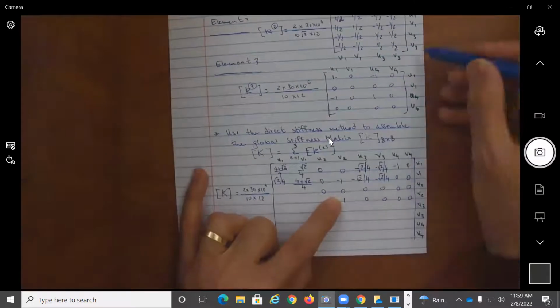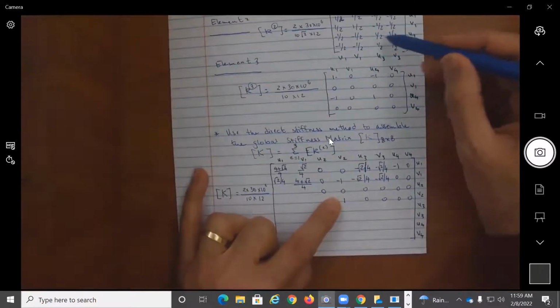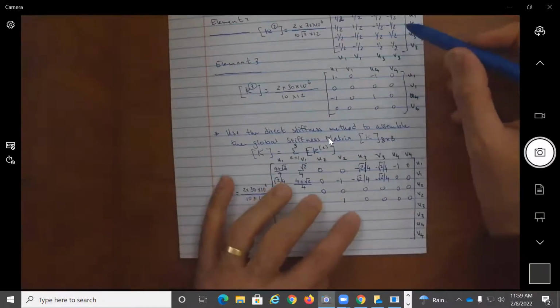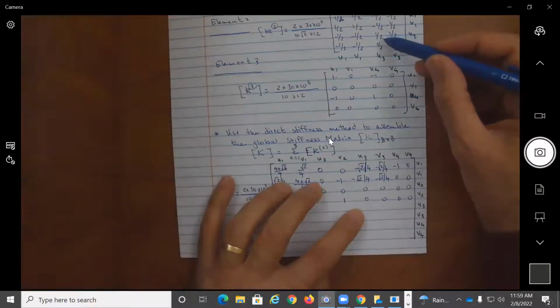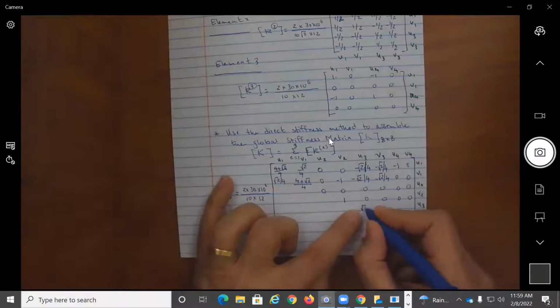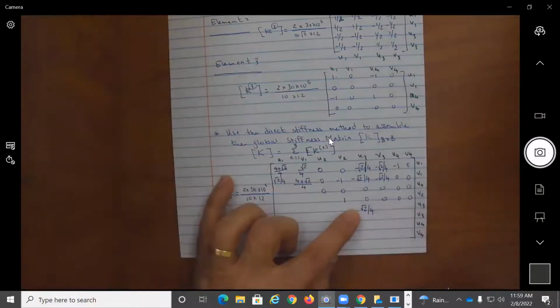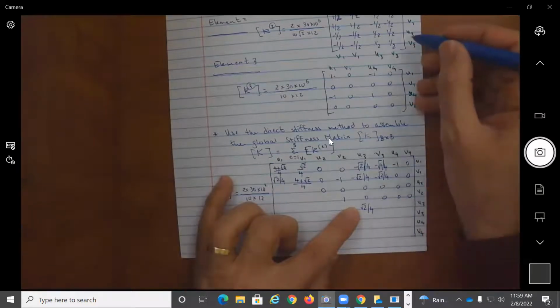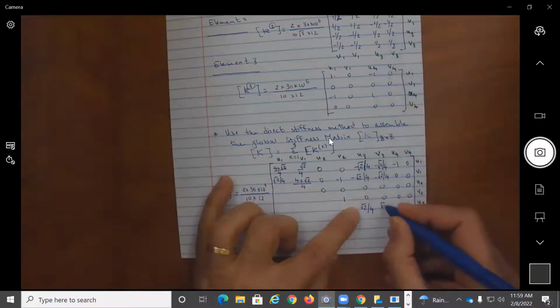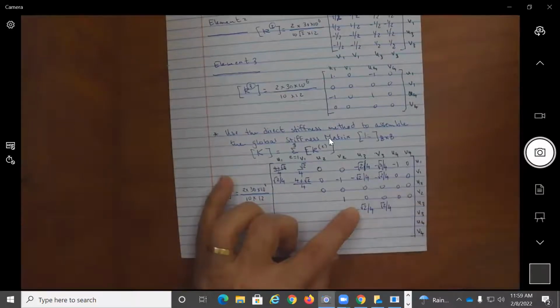Next, I'm going to U3, and I'm looking at U3, where again I have this square root of 2 divided by 4. And U3, V3, I also have a square root of 2 divided by 4, positive. U3, U4 is a 0. U3, V4 is a 0.